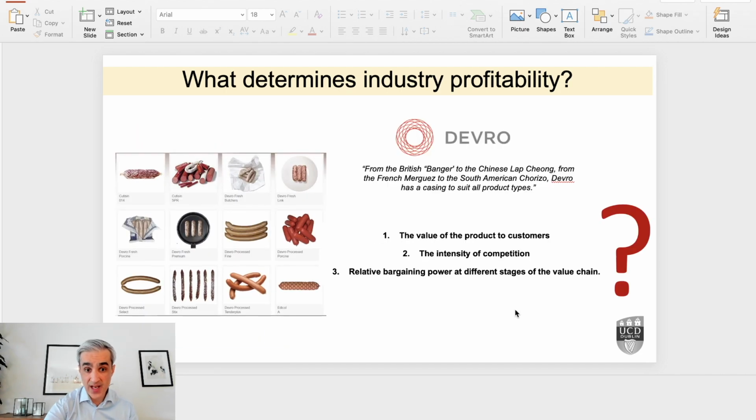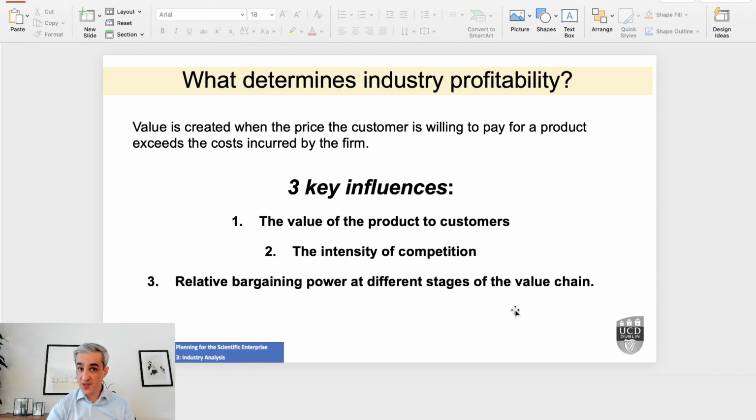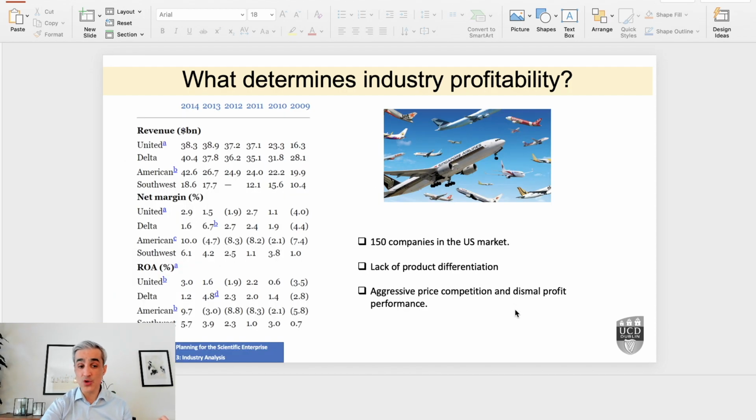You need to be looking at the value of the product to customers, but not only that, also the intensity of the competition and how much power you have over your suppliers and your customers. So in the case of the airline industry, your power over your customers is very low. Why?